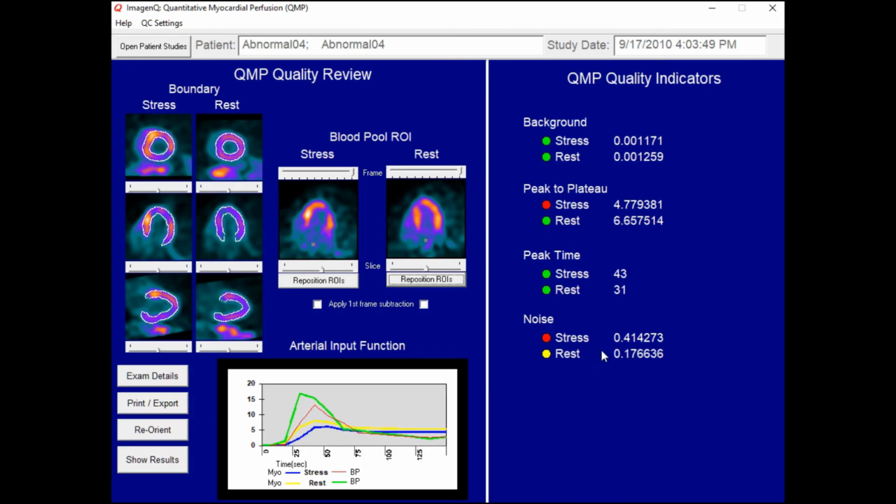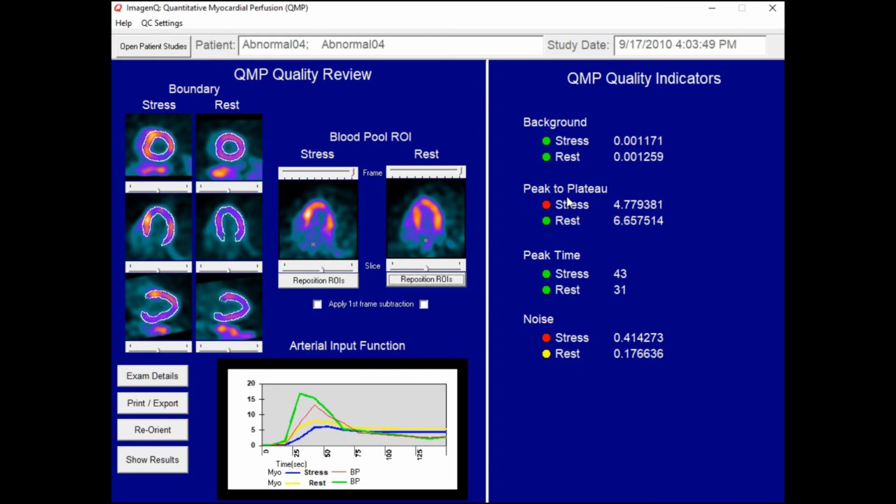So at this point, we have one red light for the peak to plateau, one red light for the noise, and one yellow light for the rest. We have confirmed that we've positioned about as well as we can the left atrium at stress.